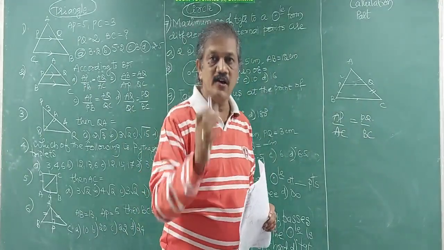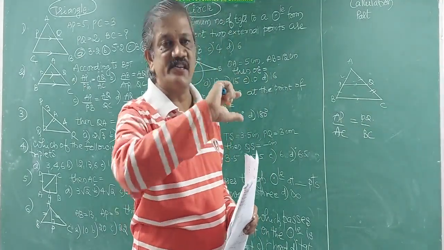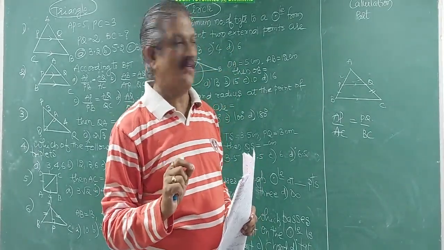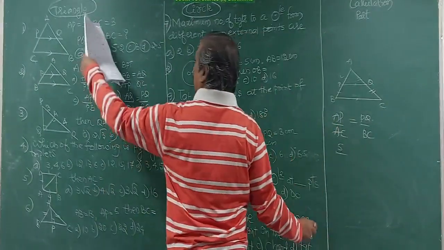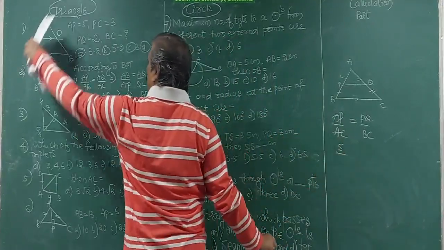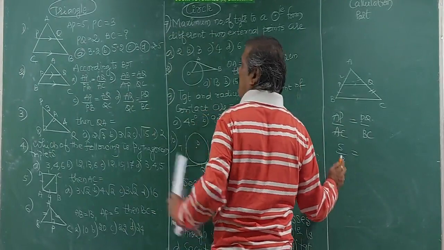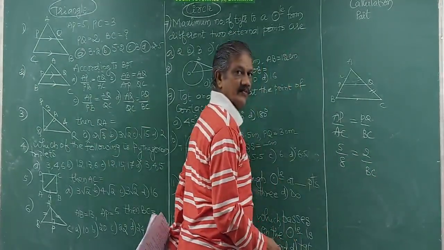In mathematics, 1 step, 2 steps you must write. Some questions are very straightforward. No need of any timings. Then fill up. AP is 5. AC is, here AC is total AP plus PC, that is 8. Directly you write. PQ is 2 and he has asked BC.